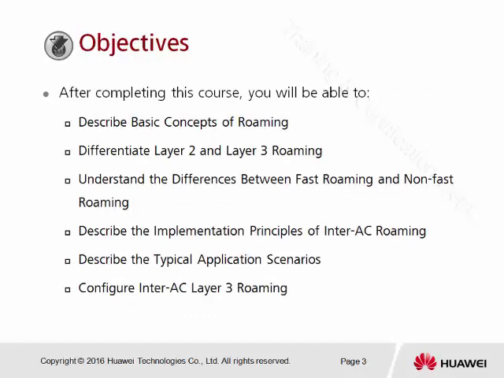So let's look at the objectives. You're going to describe some of the basic concepts of roaming, and understand the difference between layer 2 and layer 3 roaming. Understand the difference between fast roaming and non-fast roaming.